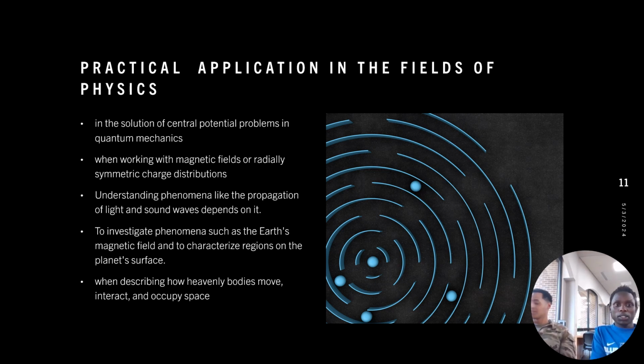Because when you're working with magnetic fields or radiation, it's also used in quantum mechanics when describing how heavenly bodies move, interact, and occupy space. There's more to it, but those are the most interesting parts about the relationship between physics and spherical geometry.